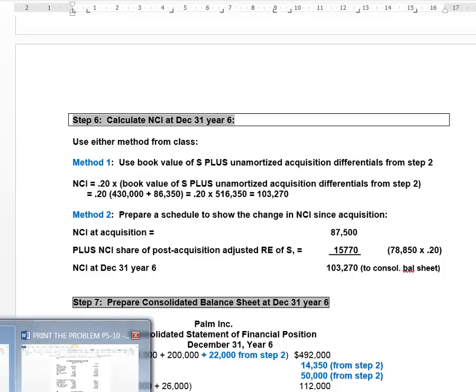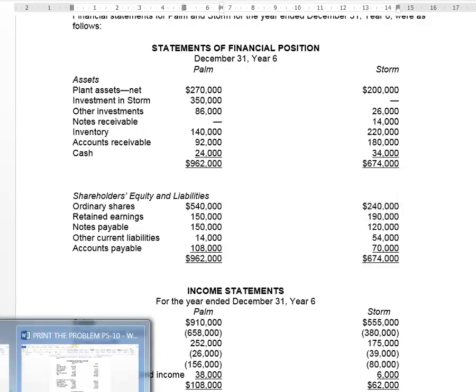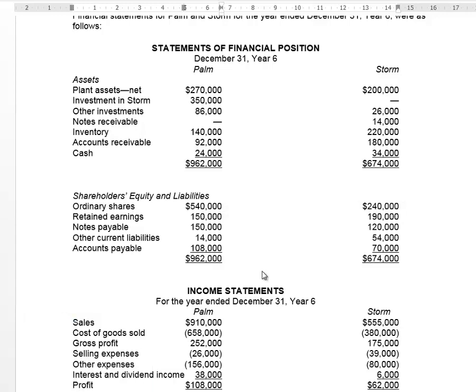So let's go to Storm's statements at the end of year 6. You can see that its ordinary or common shares and its retained earnings are given to you here. And you can see those numbers total $430,000. So those are the numbers that we've used here in our statement, right?